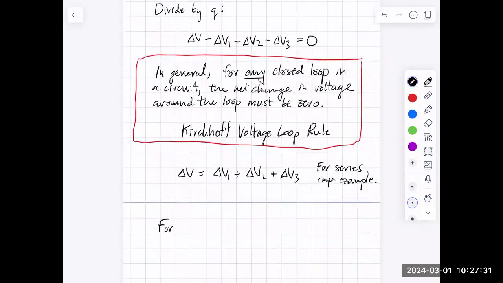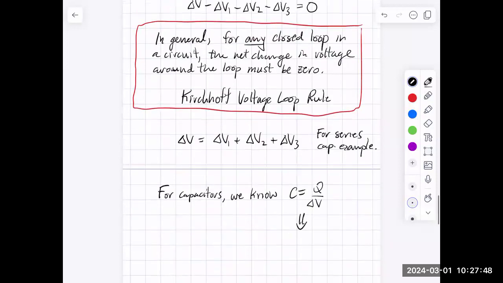Okay, so for capacitors, we know that C is Q over delta V. I've got an expression here, let's call it equation 1, in terms of all these voltages.